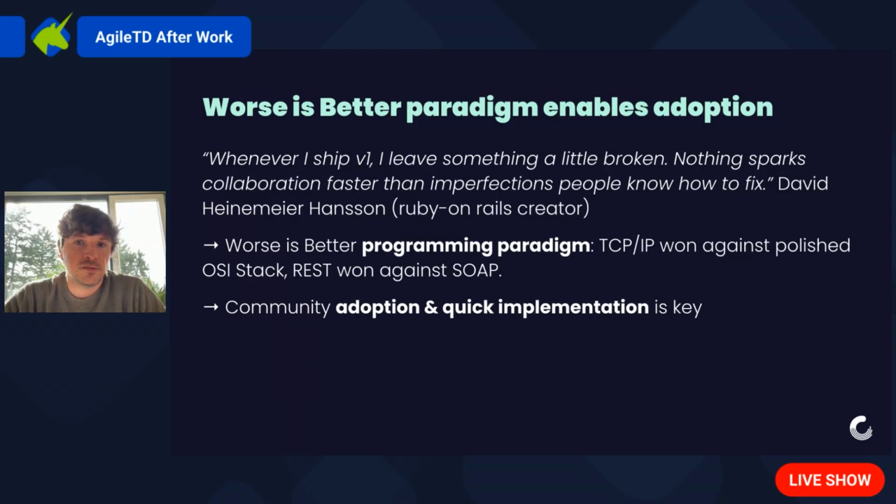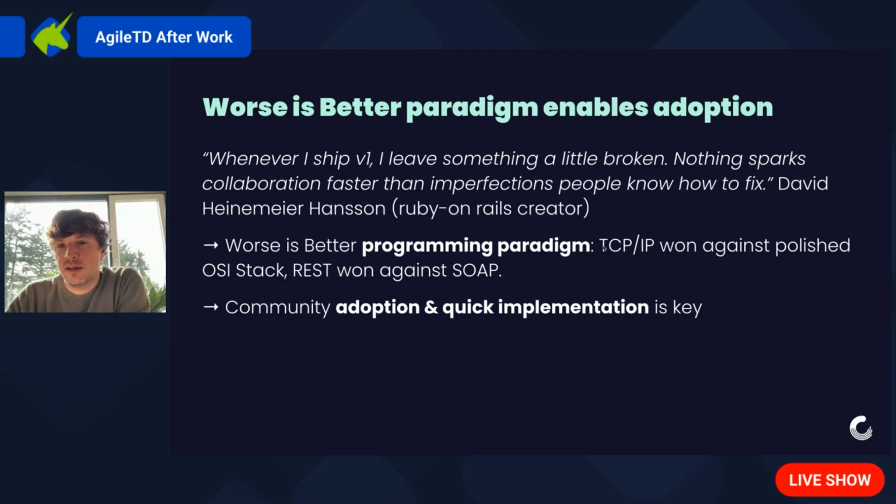And it's quite interesting because the Ruby on Rails creator, David Heinemeier Hansen, said, whenever I ship the first version of a new product, I leave something a little broken. Nothing sparks collaboration from developers faster than imperfection these people know how to fix. And it's even a well-established programming paradigm.